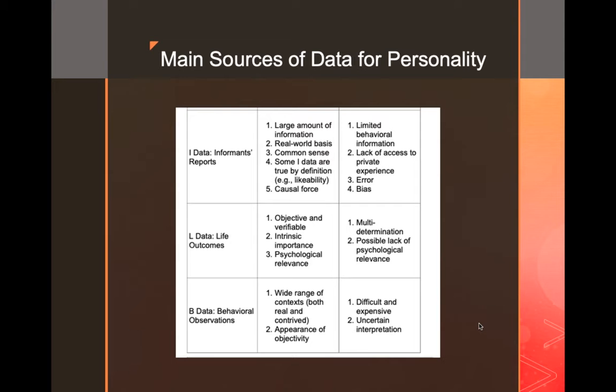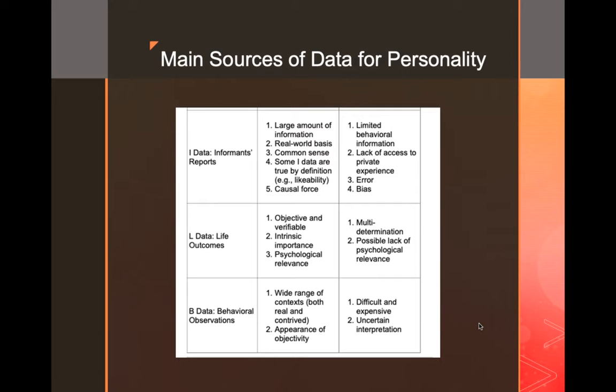The second type is called the informant reports, and this is basically data that you get from an informant. So let's say you're collecting information from participant A about their personality.